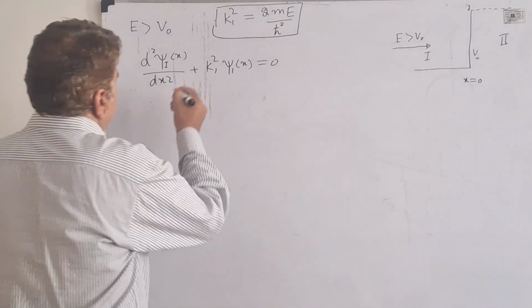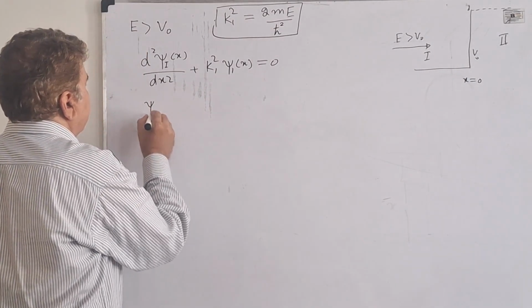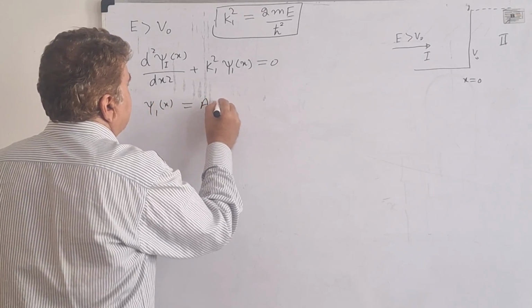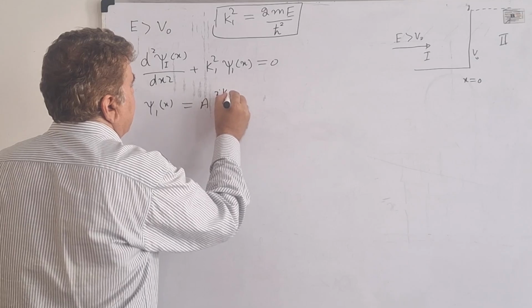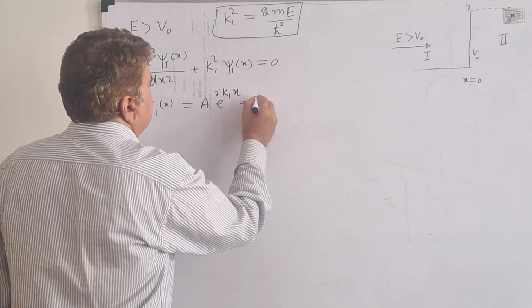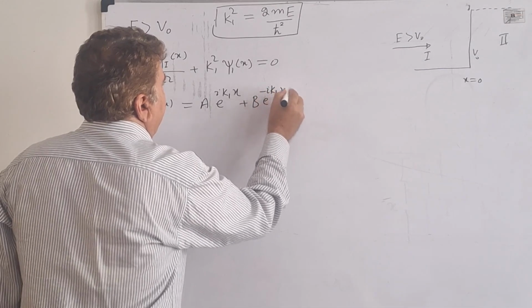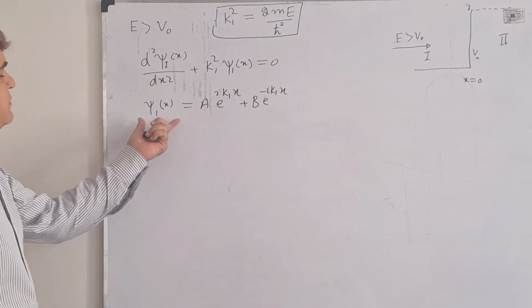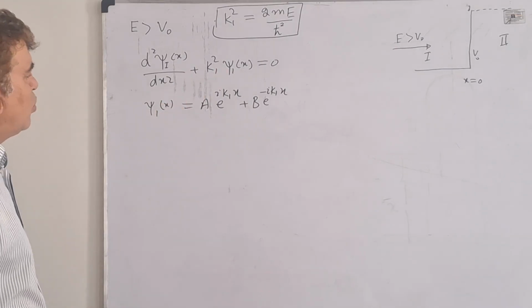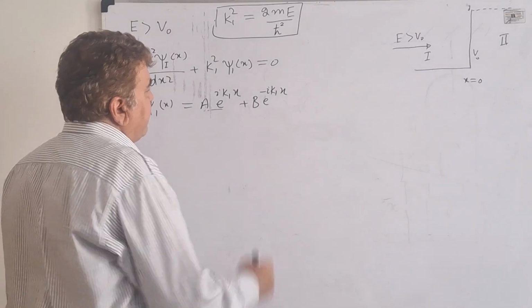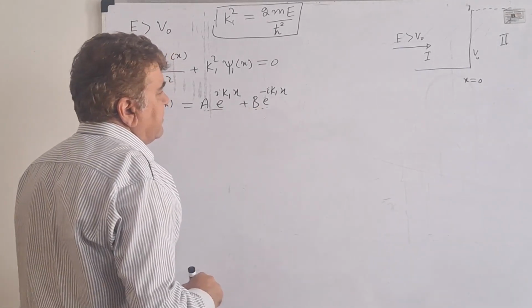We found that the general solution to the wave function is psi1 of x equals A exponent i k1 x plus B exponent minus i k1 x. This was the general solution in region 1, where the first part defines the incident wave and the second part defines the reflected wave.